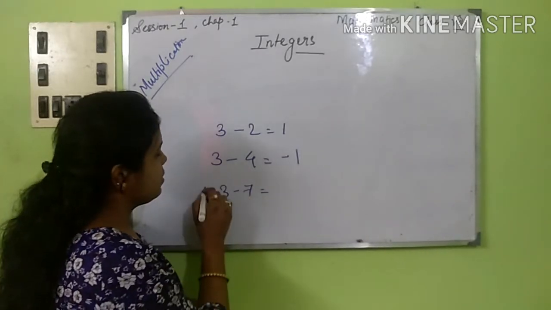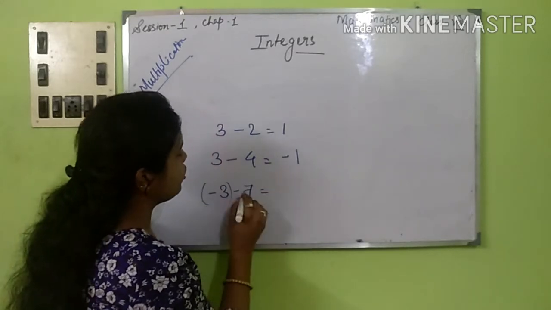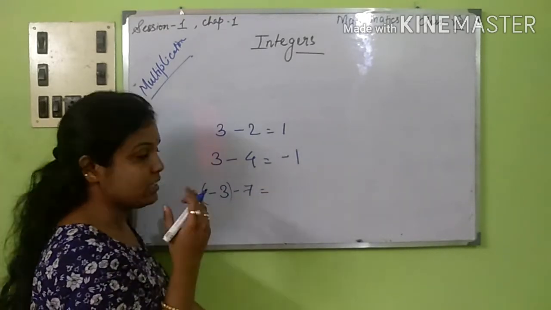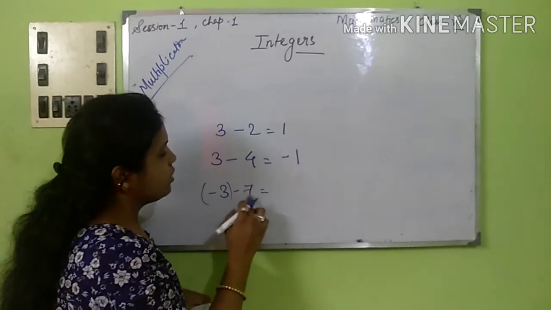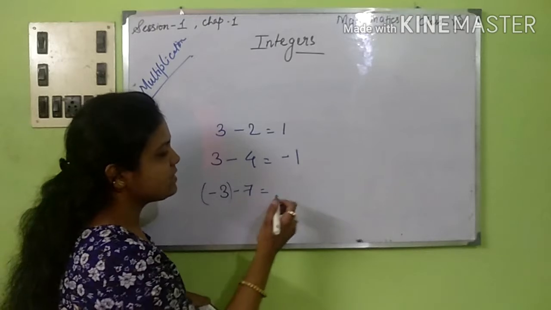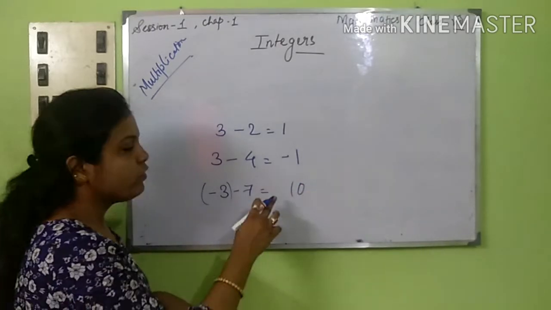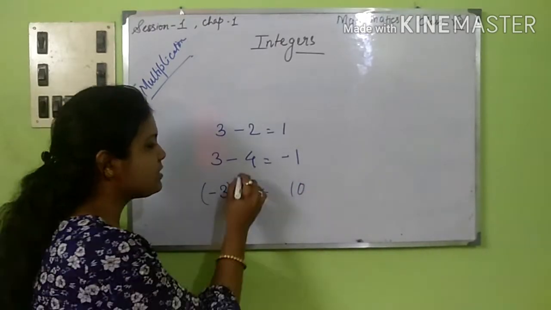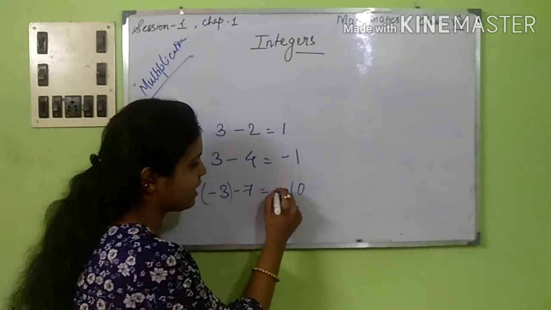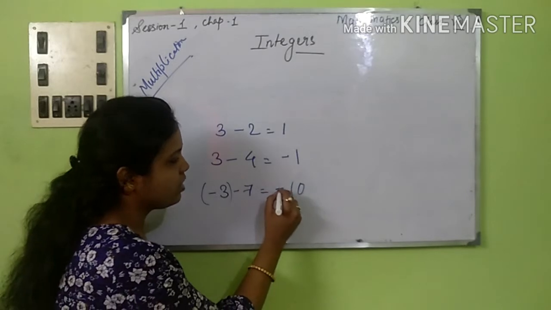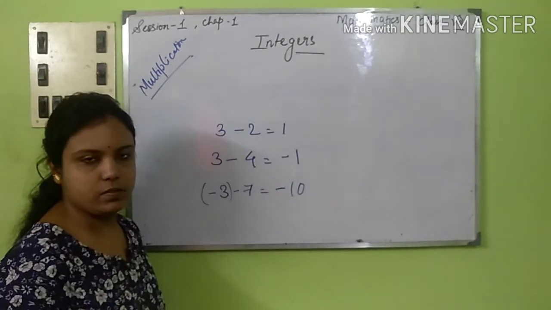That means minus minus is what? Tell me. It is plus. We know the operation will be plus, so 3 plus 7 will give you 10. But what will be the sign beside it? Obviously that of the greater digit, which is carrying a minus sign. So we will have minus in the answer.